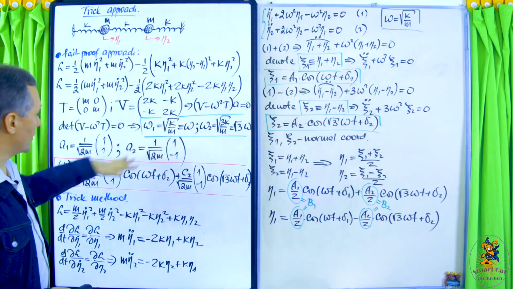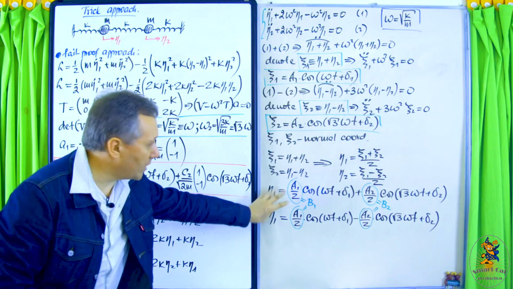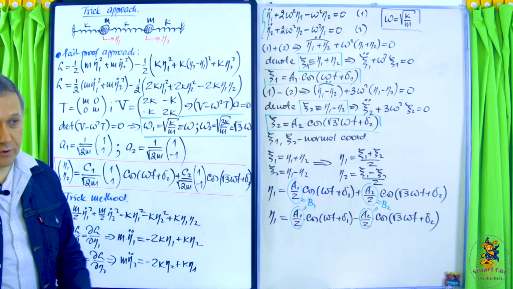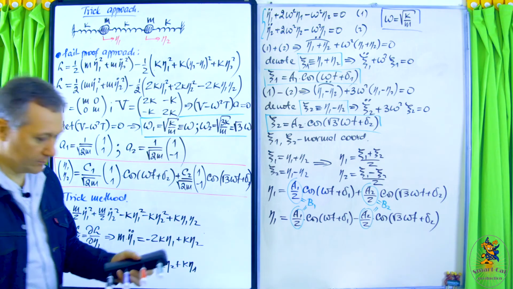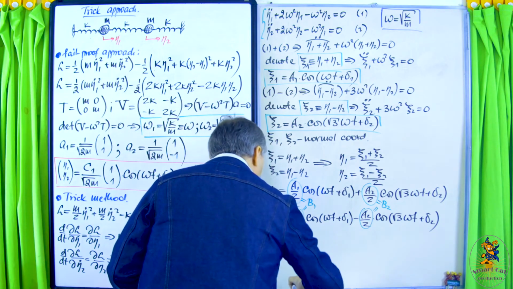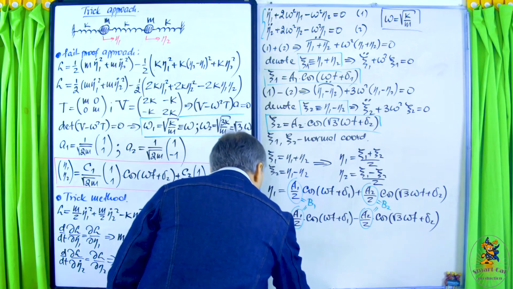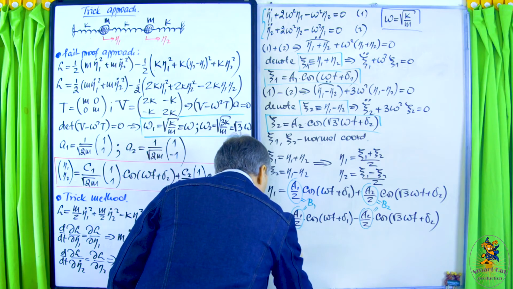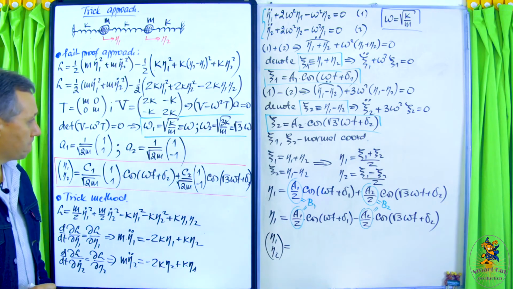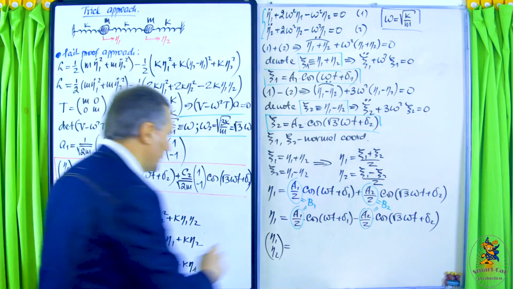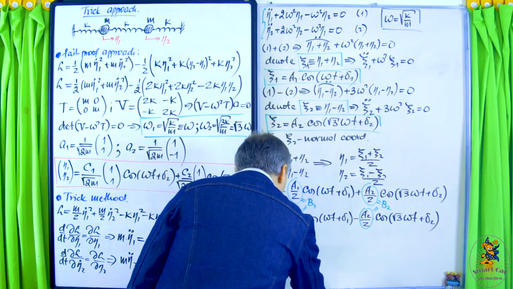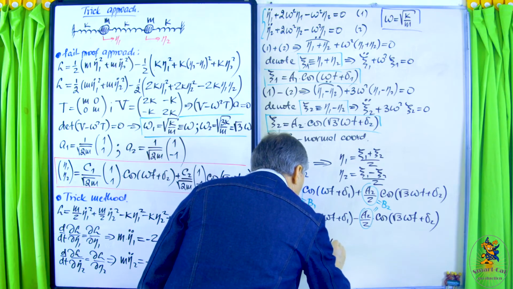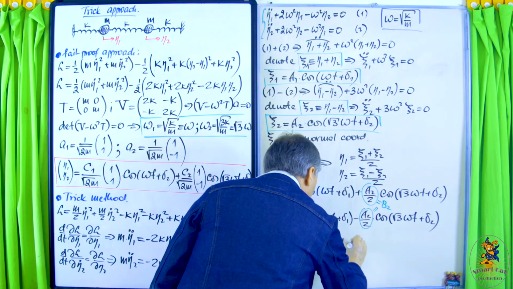Now, if you want to write the general solution of the whole system, combine these two equations and write them in a matrix form, in the column form. So the general solution eta1, eta2 equals b1 times the column 1, 1, times cosine of omega t plus delta 1.